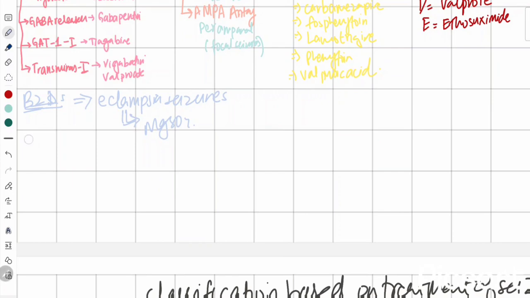Then we have carbamazepine. The really important thing about this is that it is first line for trigeminal neuralgia. That is really important. You need to know this. Carbamazepine is first line for trigeminal neuralgia.